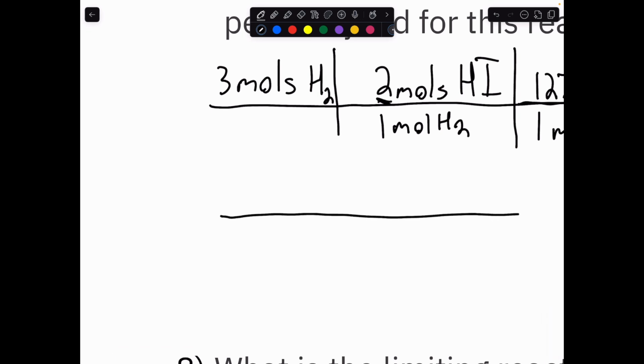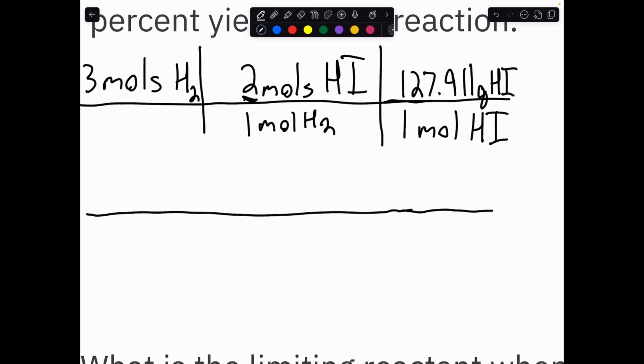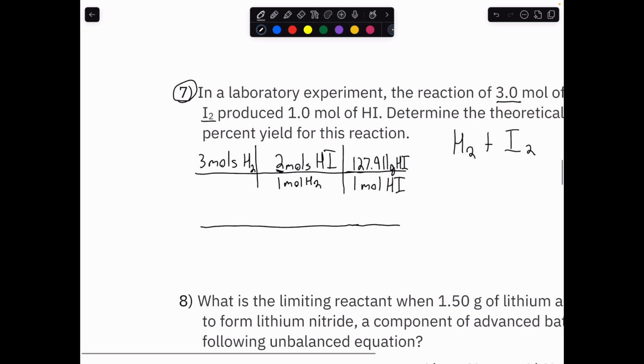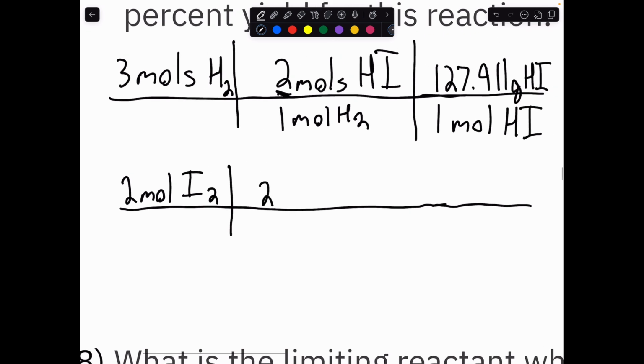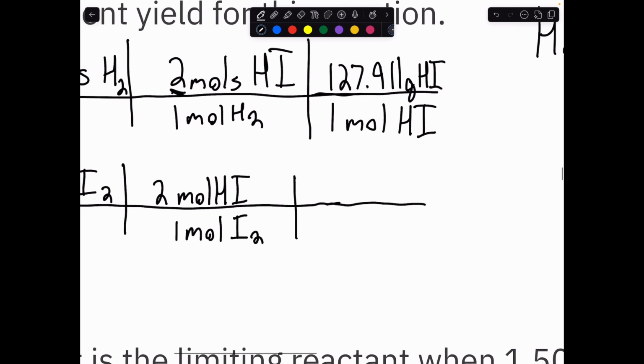I'm going to set up our second equation, and that's going to be our 2 moles of I produced. We know that there's 2 moles of HI produced in 1 mole of I2, and we know that in 1 mole of HI there is 127.911 grams of HI.